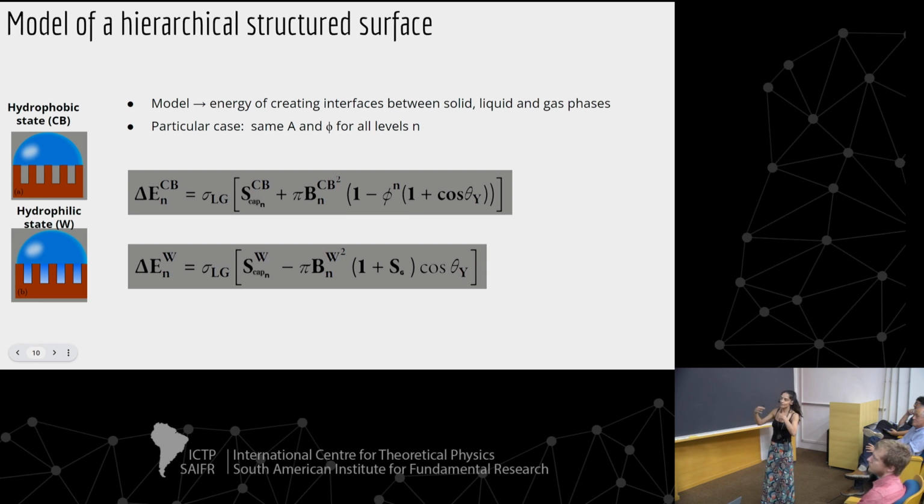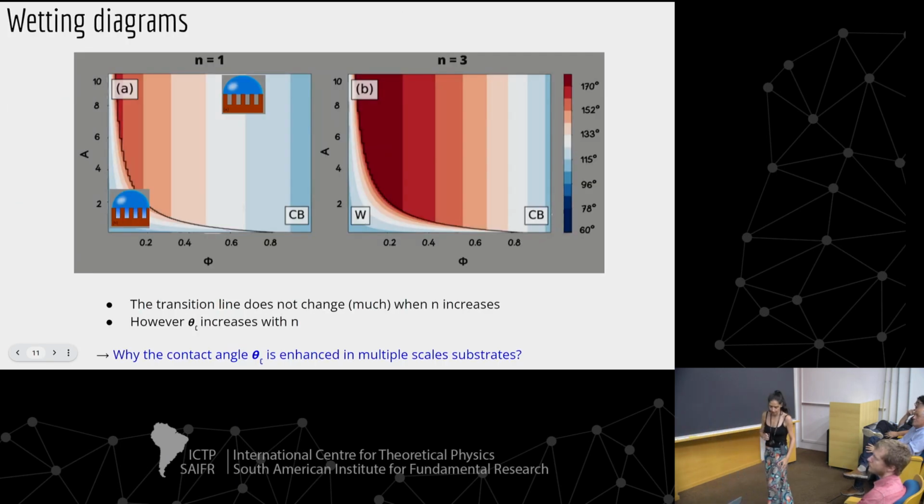And it does depend on the geometric parameters of the surface, the chemistry, and the geometric parameters of the droplet. Then what we can do with that is optimize, let's say, to find the minimum energy state for the hydrophobic state and for the hydrophilic state. And for that state, we know the contact angle. Then we compare which one is the least energetic, and we can create a wetting diagram.